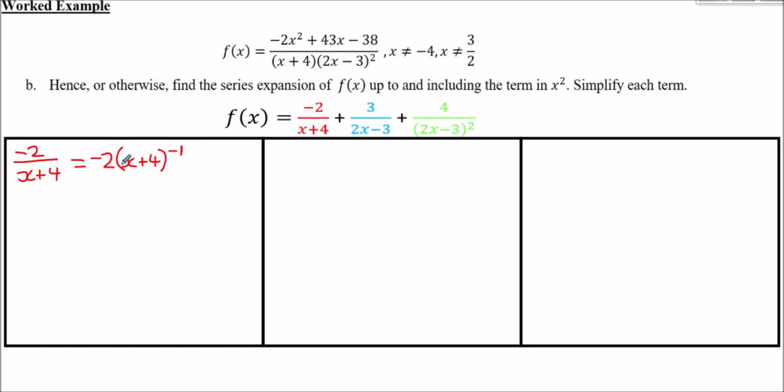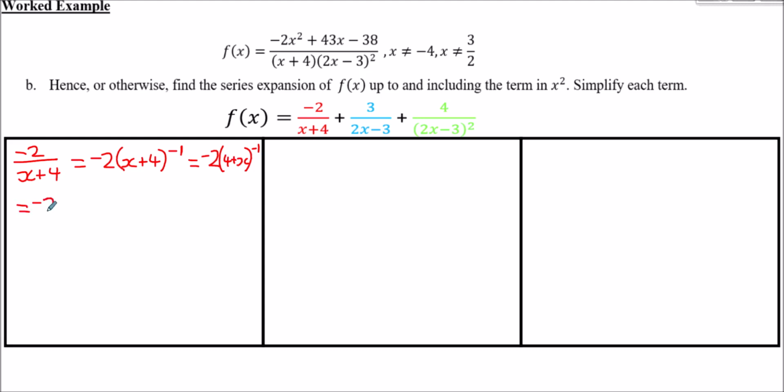Now, what I'm going to suggest we do as well is to have the constant term written first. So if I just write this as minus 2, put the 4 first, that's 4 plus x to the minus 1. Now, like I mentioned before, we can only do the binomial expansion when the leading term is unitary. That 4 is not 1. We need to make it a 1.